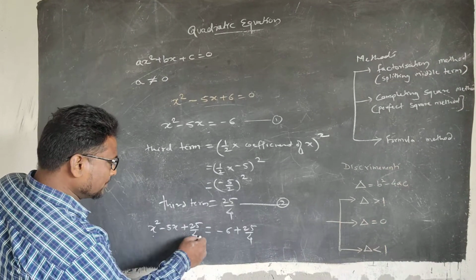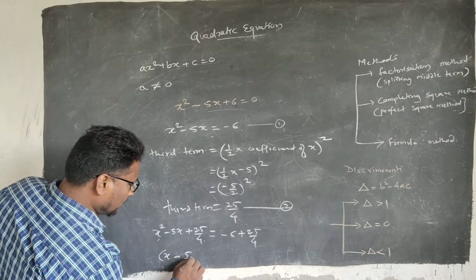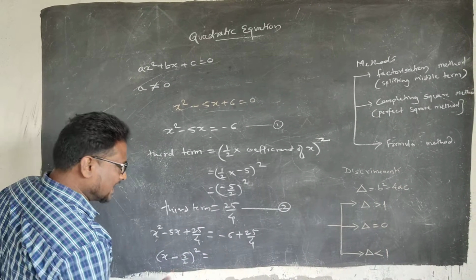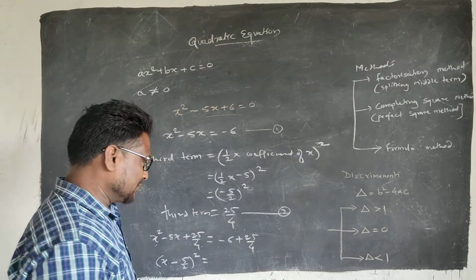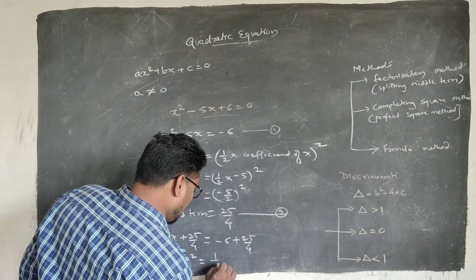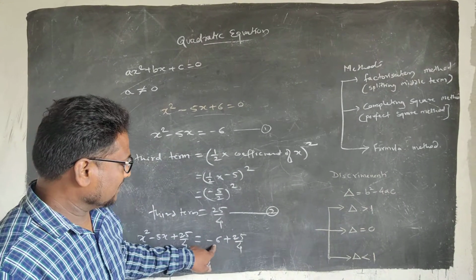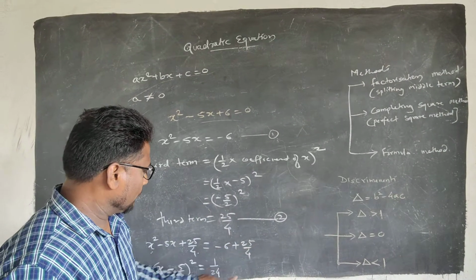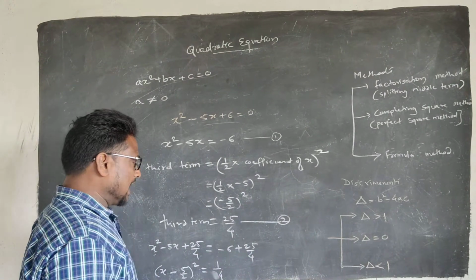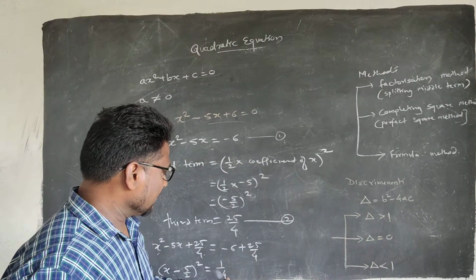Here you have to reduce it back, so that gives you x minus 5 upon 2 bracket square, and here you take the cross multiplication. 6 4s are 24, so negative 24 plus 25 upon 4. Sorry my dear friends, this is 4, and minus 24 plus 25 is 1, and the rest is 4.